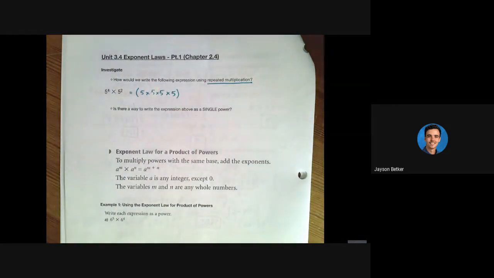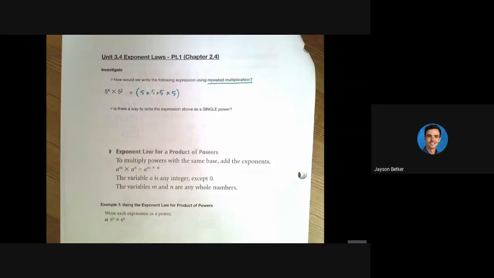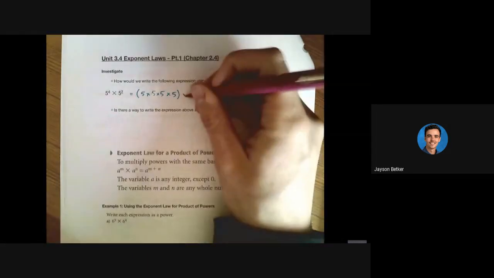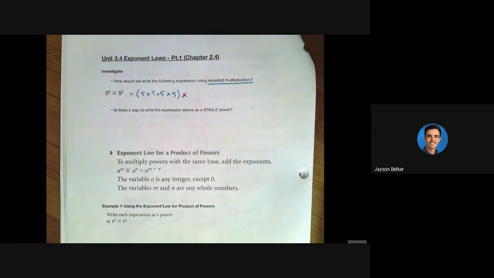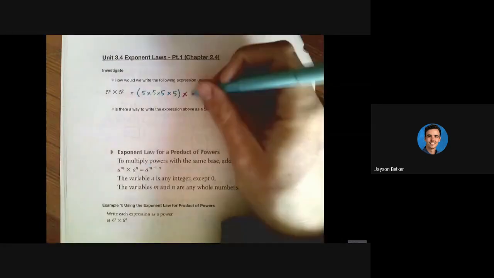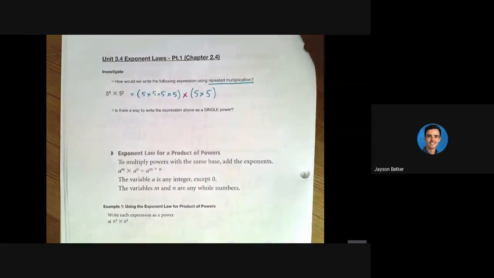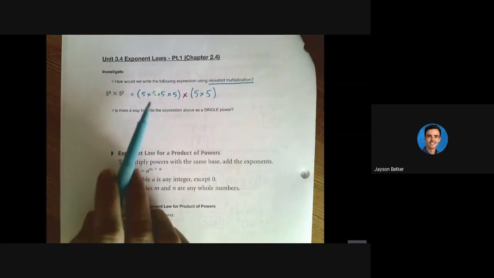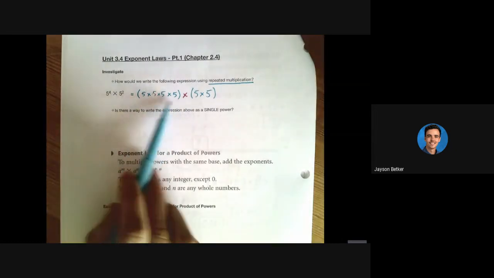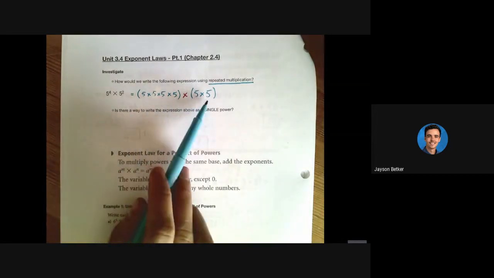So that's the one section. Now what it says is it's also that times 5 to the 2, which as repeated multiplication looks like this: 5 times 5, just 2 times.